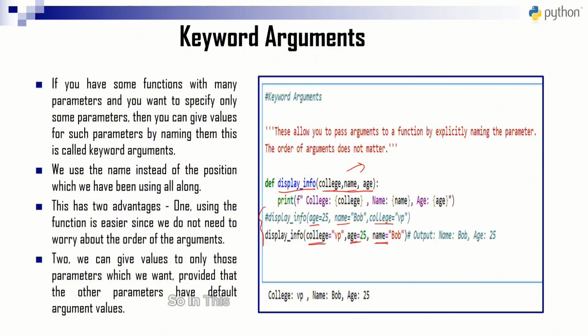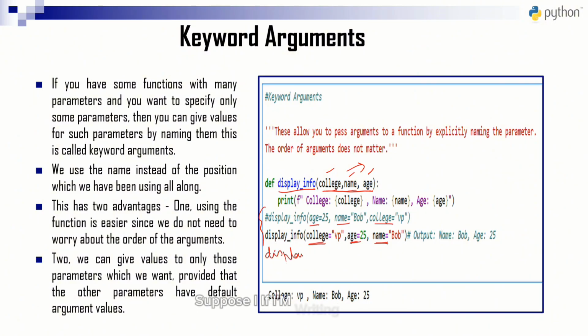So in this I don't have to worry about the position of each argument. It can be random. I don't have to worry about the sequence. I can give the sequence in any order.